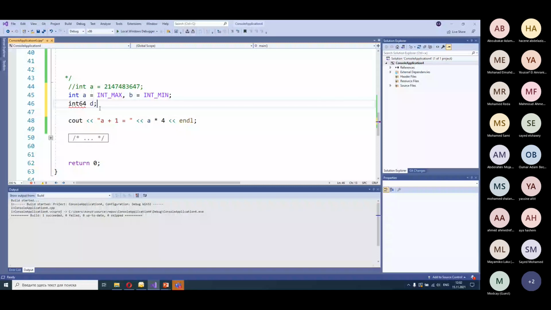It has a very, very large range of representation, 2 power 64. But the usual type int has 2 power 32. It's also enough for use in most cases.